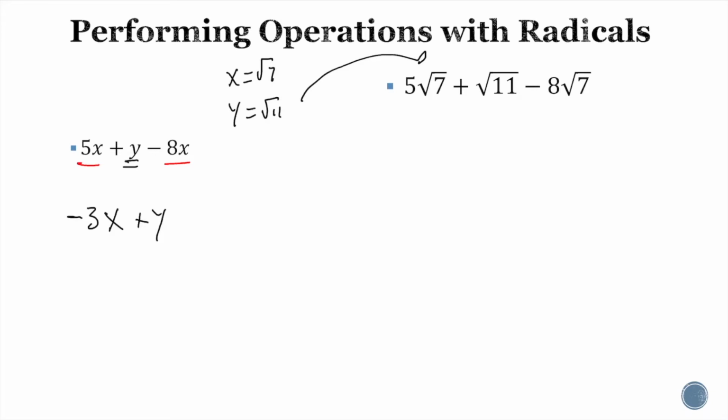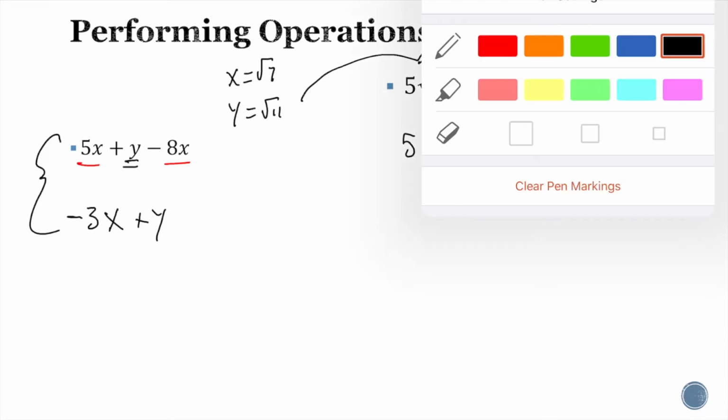And so when we simplify, we can join like radicals, just like we can join like terms, like we did here. So in order to do that, I'm going to rewrite this. I don't have to rewrite it every time, but just for the first time as we're learning how to do this, I'm going to rewrite it and see how I have like radicals.